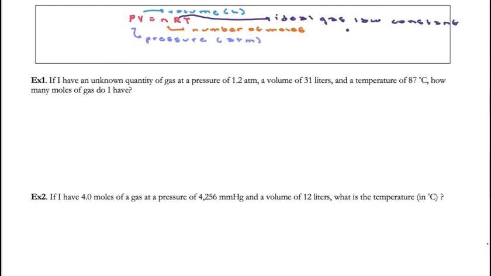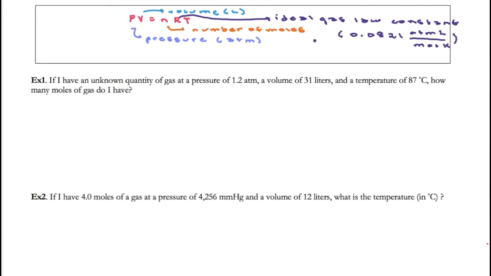Now this will always be given to you, but the value for that is 0.0821, and here are where the units come in. Okay? My units are atmospheres times liters over moles Kelvin.